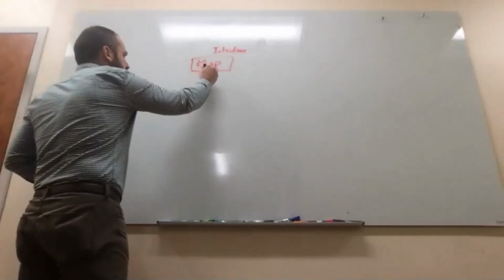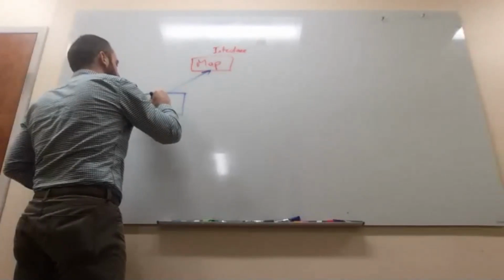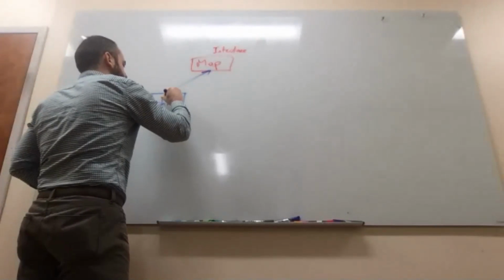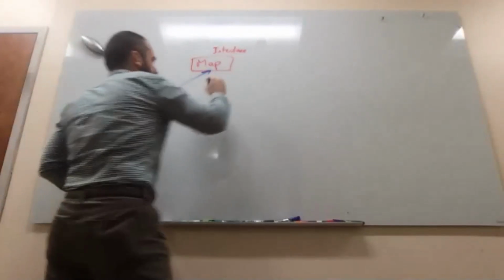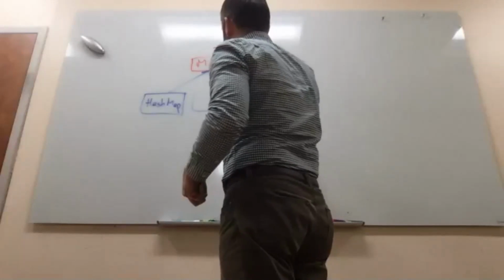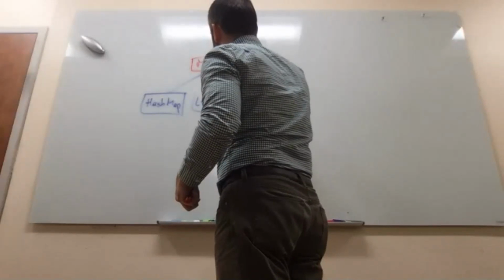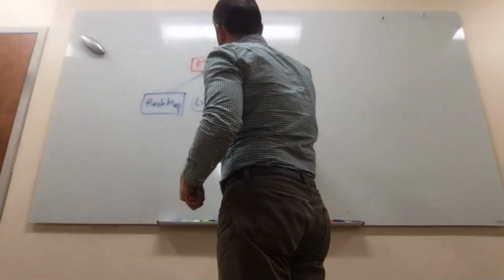One of the implementations is, let me draw here, HashMap, right? So one of them is HashMap. The other one is LinkedHashMap.